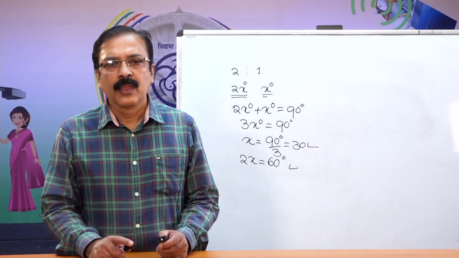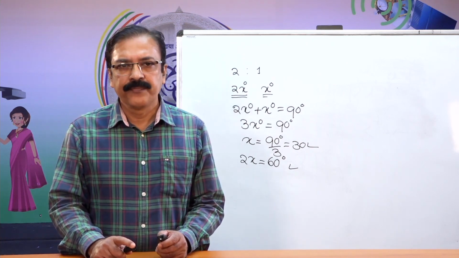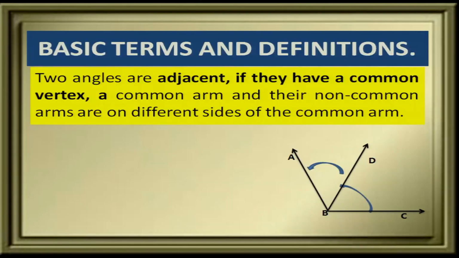Now let's consider adjacent angles. Two angles are said to be adjacent if they have a common vertex, a common arm, and their non-common arms are on different sides of the common arm.